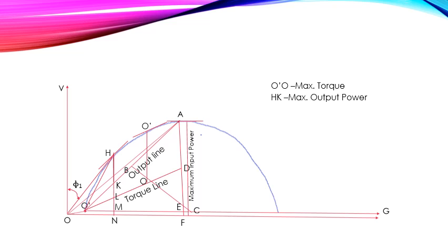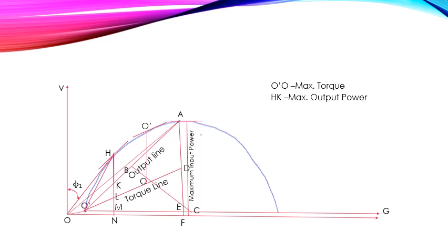Then to estimate the maximum output power, maximum torque and maximum input power, draw the intercepts to the circle diagram. So here first draw the points O dash D. So O dash D line indicates the torque line. Then the O dash A is already joined, and the O dash A indicates the output line, right?